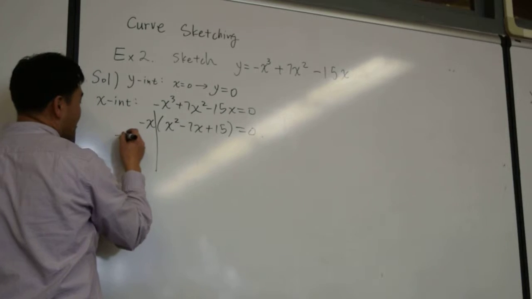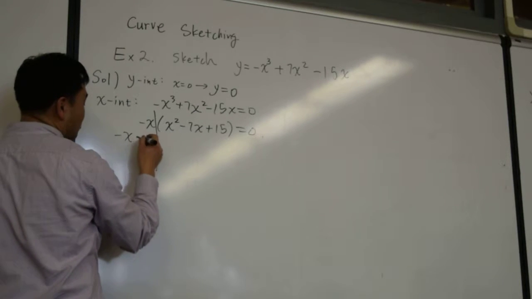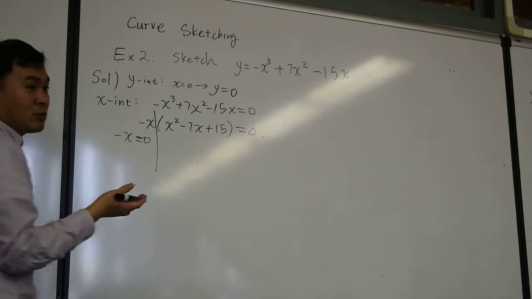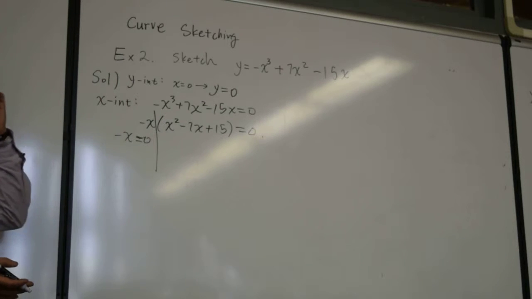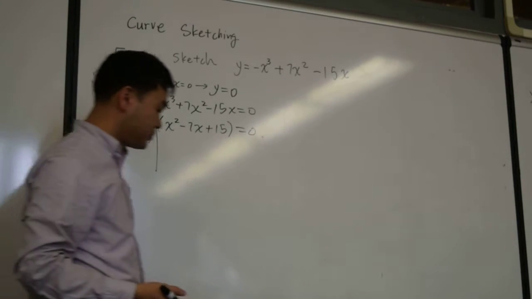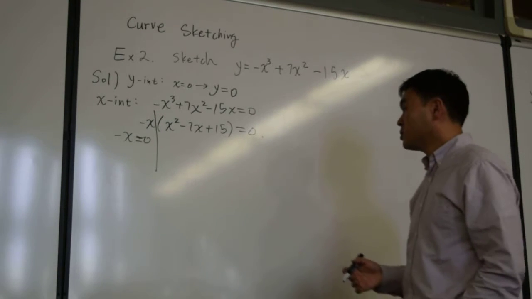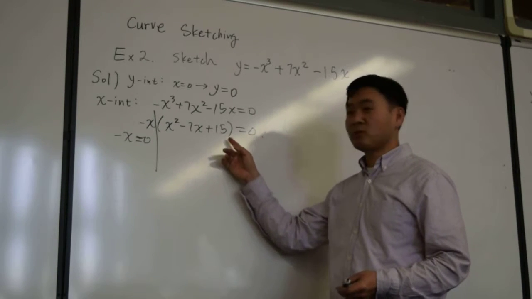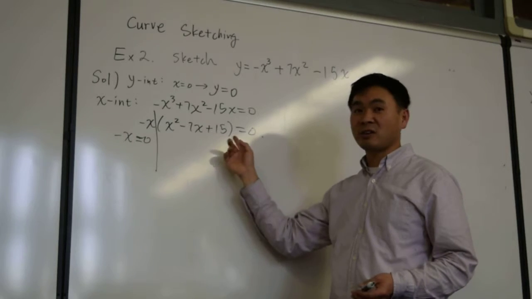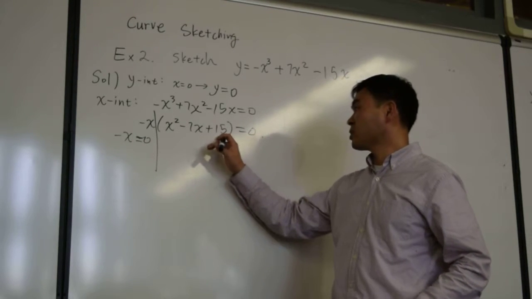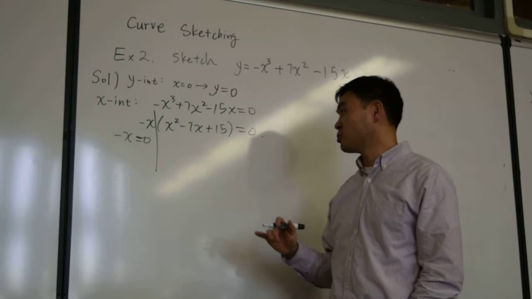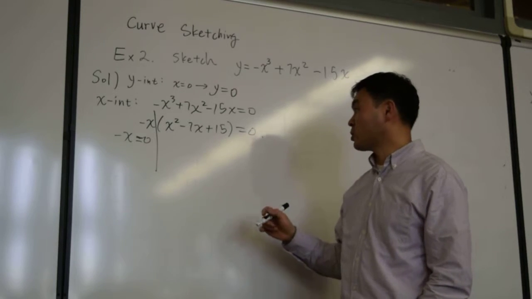This one just gives x equal to 0, which is just the origin, which we already have. This one, you can quickly try a few numbers and determine that you can't factor it. So in order to get the answer, you end up having to use the quadratic formula.